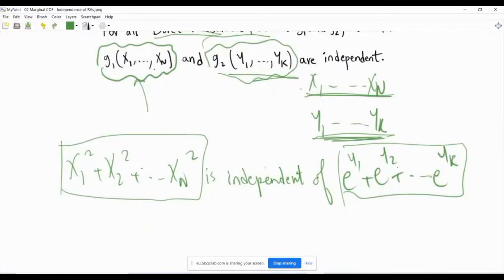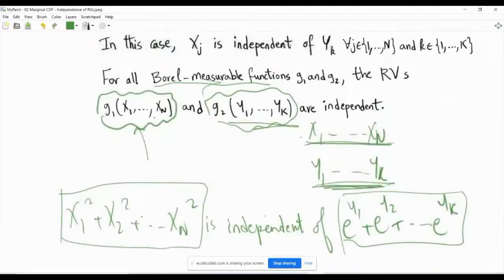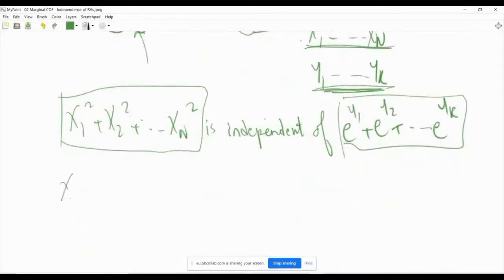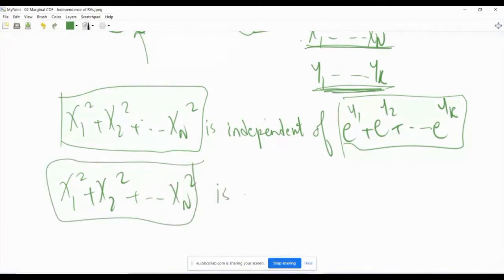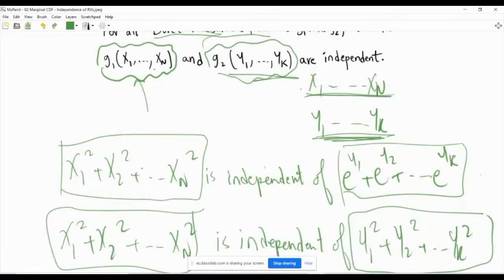Yeah, they are still independent. If you apply the same function, that's a good question. Here I wrote G1 and G2 for generality, but yes, let me write: x1 squared plus x2 squared plus up to xn squared is independent of y1 squared plus y2 squared plus up to yk squared. Here the function is the sum of the squares.